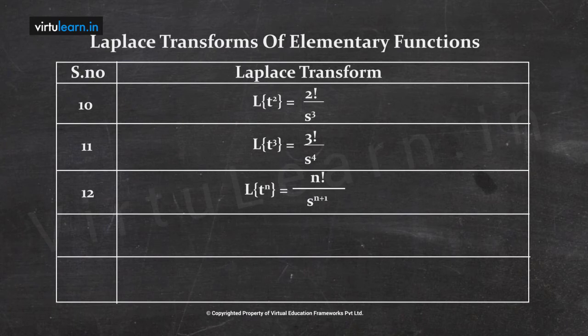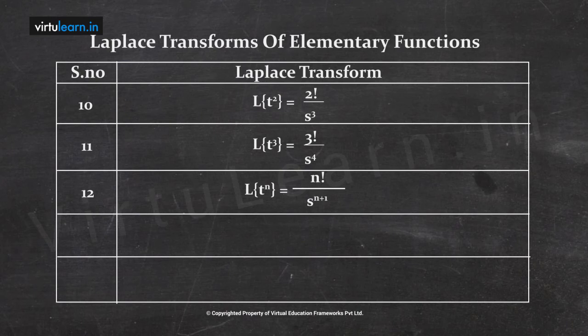This formula is useful when t power n is there and n is a fraction. By using this formula, when the power of t is in fraction form, p by q, like t power 1 by 2 or t power 3 by 2, we use gamma n plus 1 by s power n plus 1.